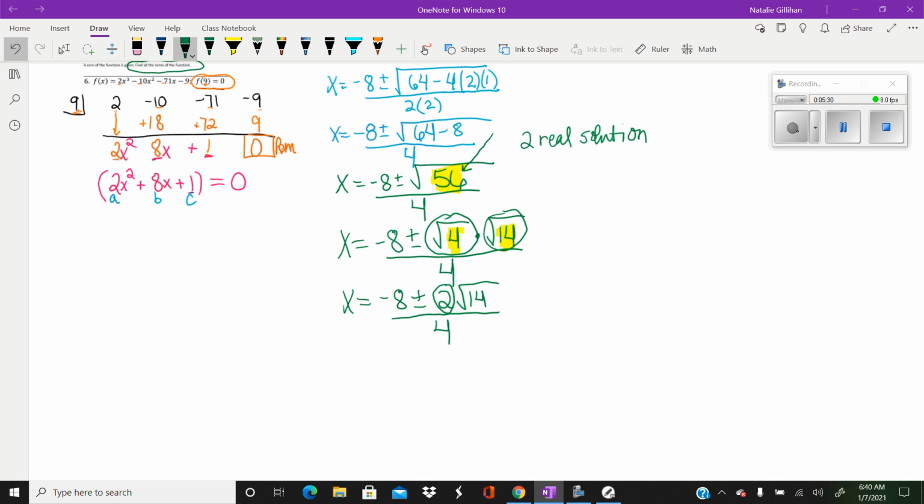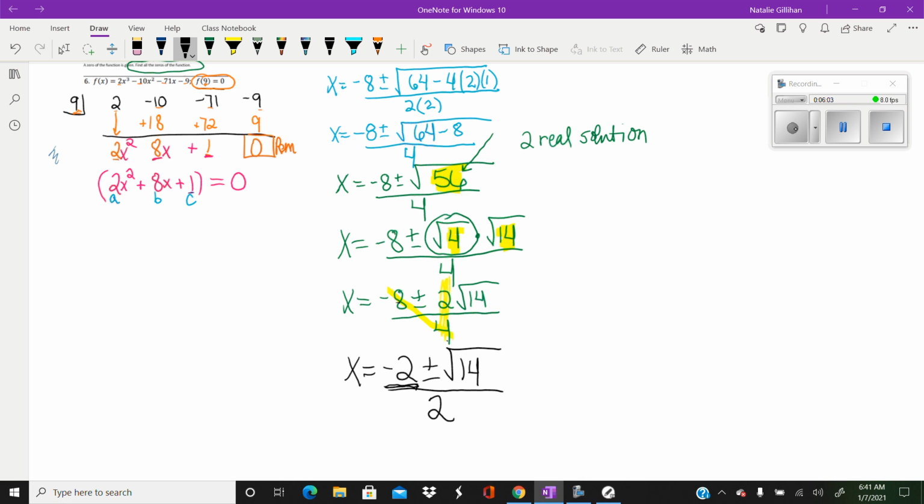Okay, so from here, we do need to make sure that we reduce if possible. What I'm seeing here is that -8 and 4 can reduce, and the 2 and the 4 can reduce here as well. 4 has to be divisible into the outside term, that -8, and into the 2. So -8 divided by 4 gives us this -2 right here.